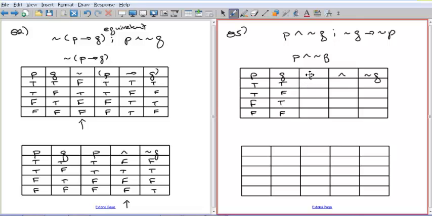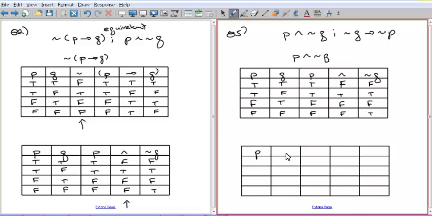In our logic expression, we just have P here, so we just do our P pattern. And then for the negation of Q, we do the opposite. So we have false, true, false, true. The only time that an and statement is true is if they're both true. Otherwise, they're all false. We actually end up with the same pattern over here, which makes sense because that's the same statement.